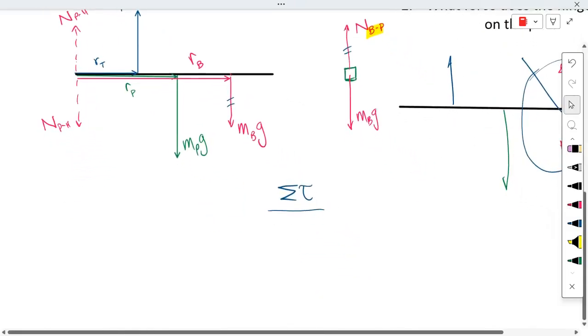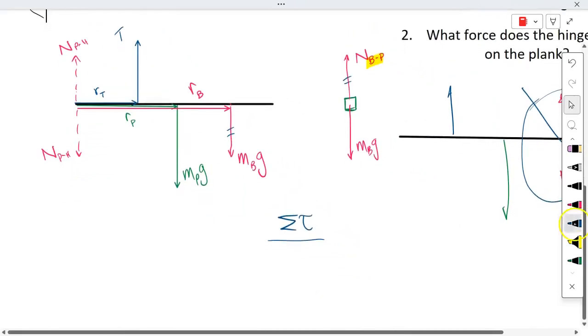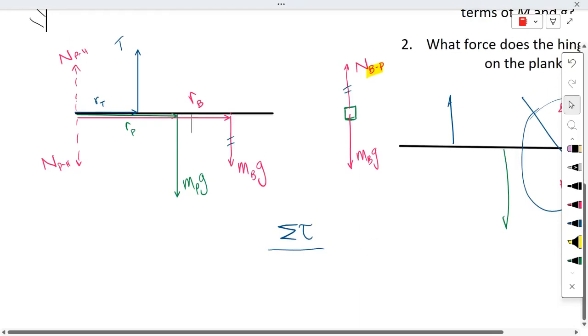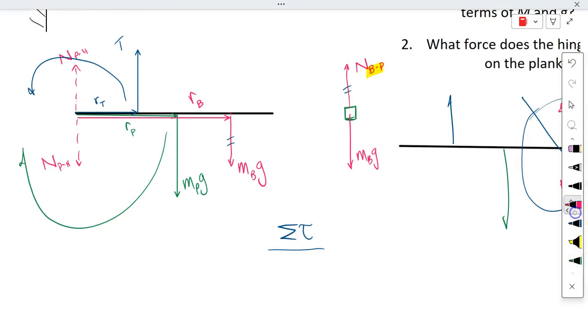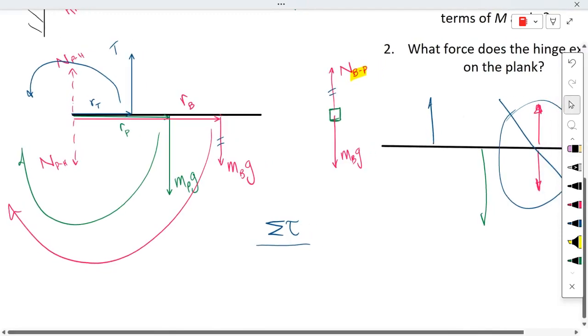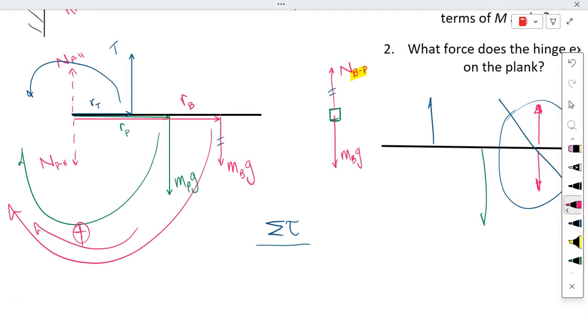Notice the direction: this does something like that, this does something like that, this does something like that. So we've got some different directions of torque. Why don't we call this way the positive direction? You just have to choose one.